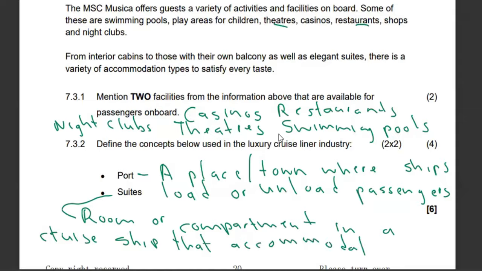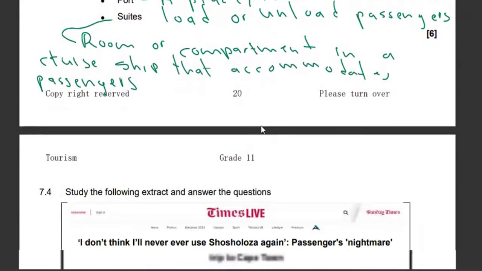That's where passengers sleep. They sleep in a suite. Now, moving on to the next one.